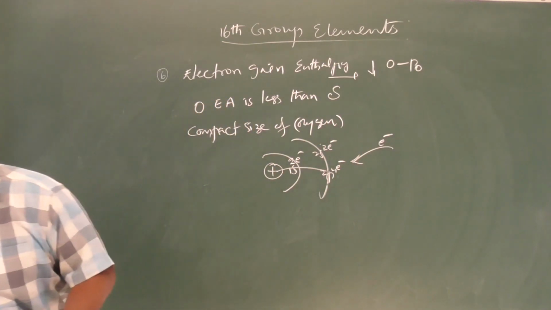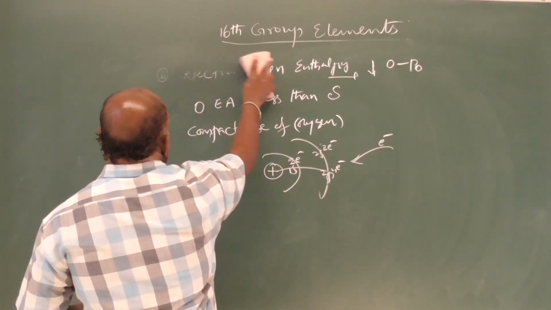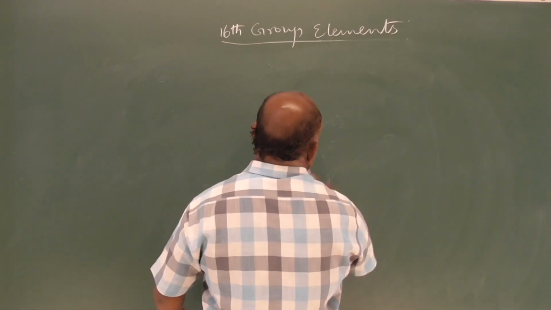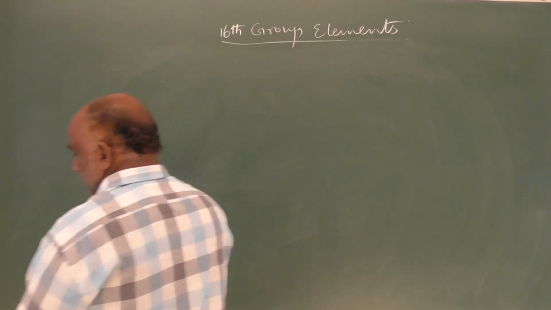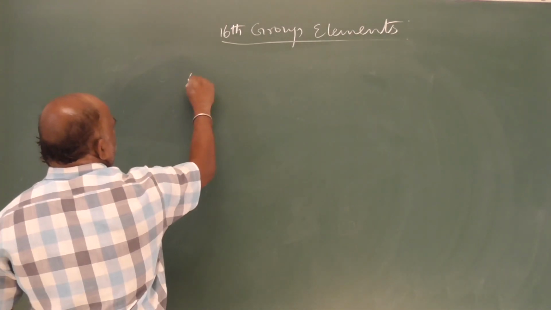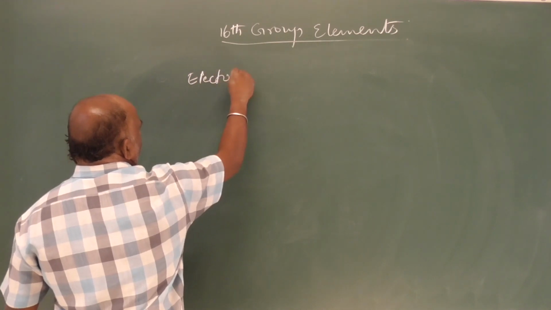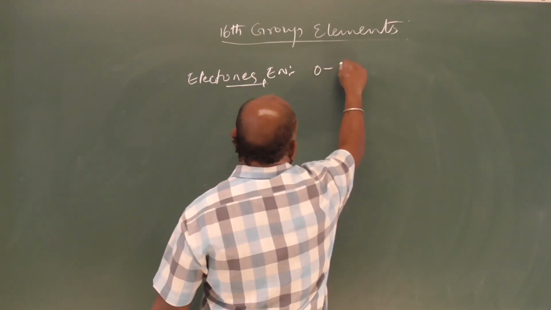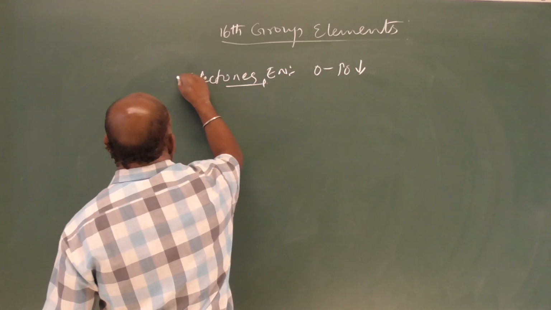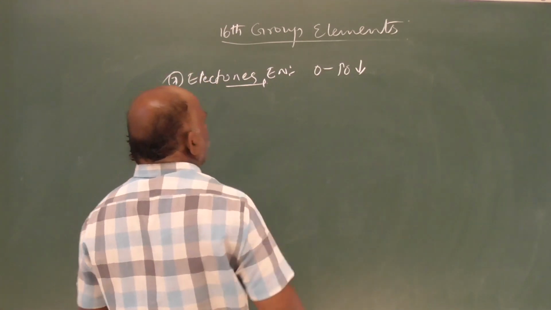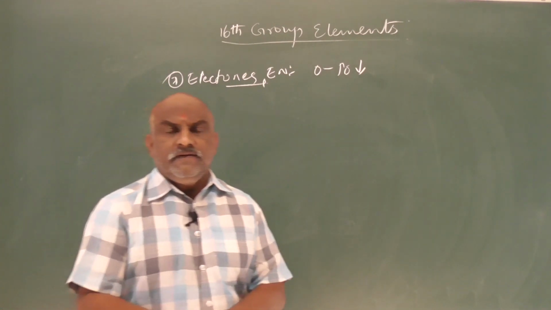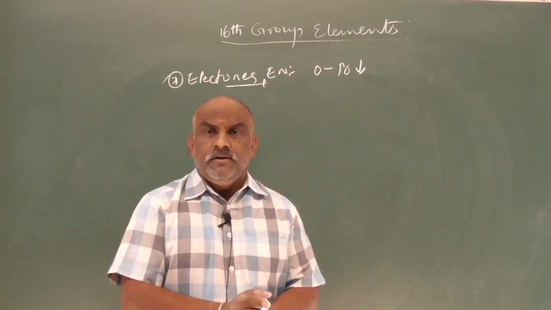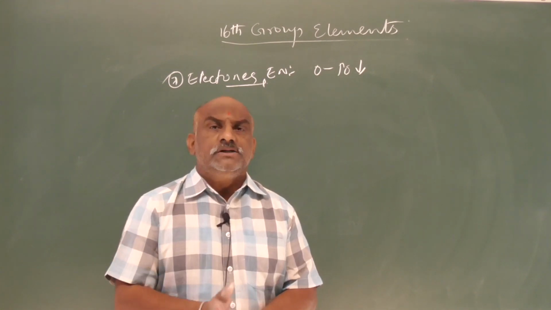The next one is electronegativity. We know that when size is small, electronegativity is more; when size is large, electronegativity is less. Going down the group, electronegativity decreases from oxygen to polonium, because next to fluorine the priority goes to oxygen only.